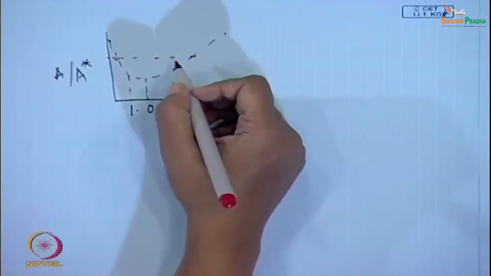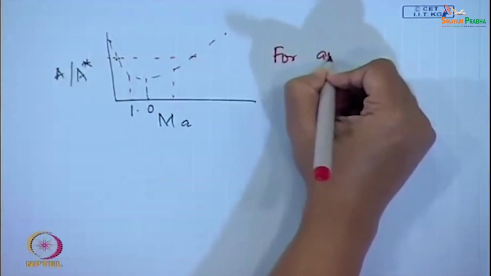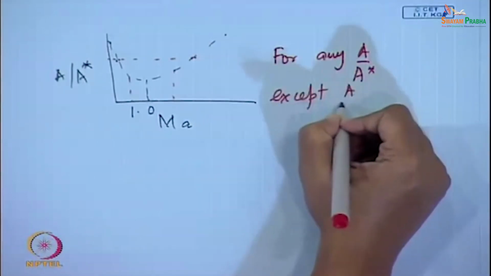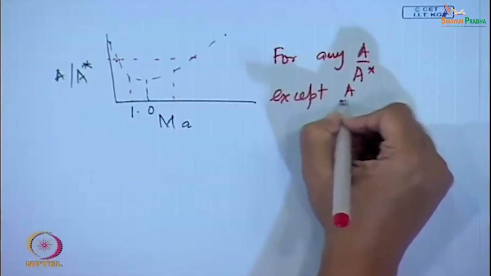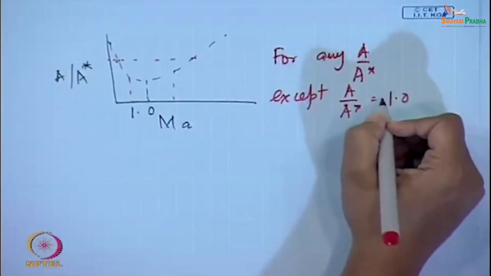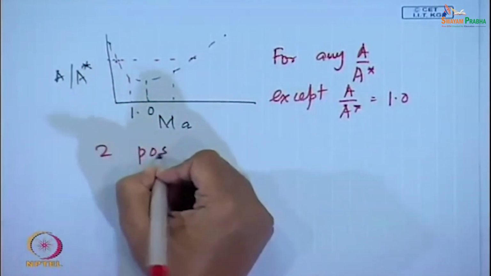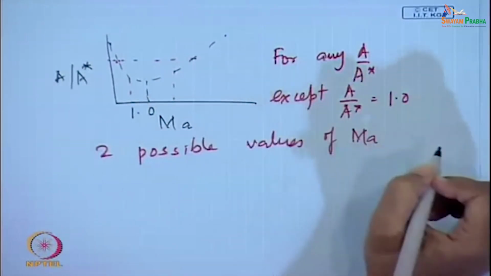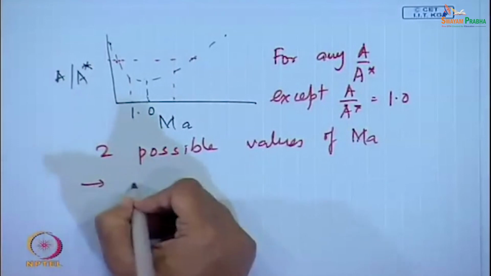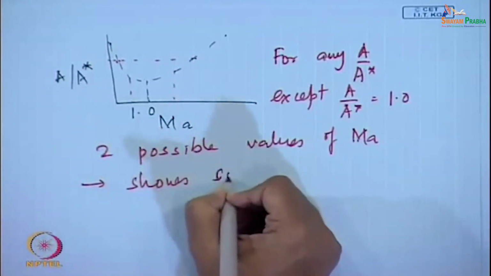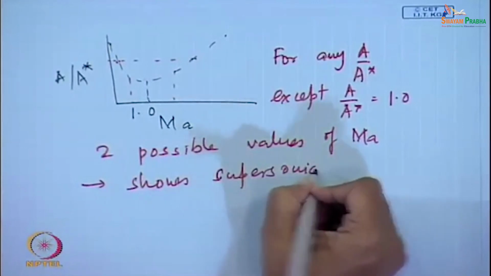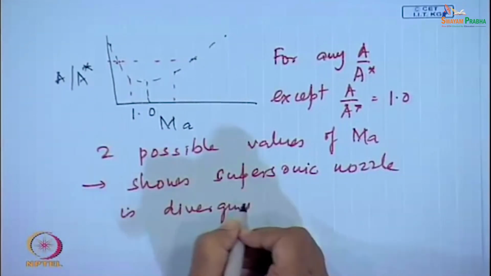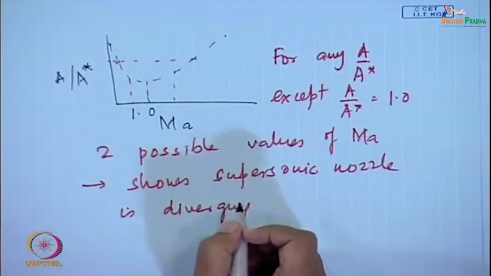So, please remember that for any A by A star except A by A star equals 1.0, there are two possible values of M_A. This shows that a supersonic nozzle is diverging. So, this is clear to you.